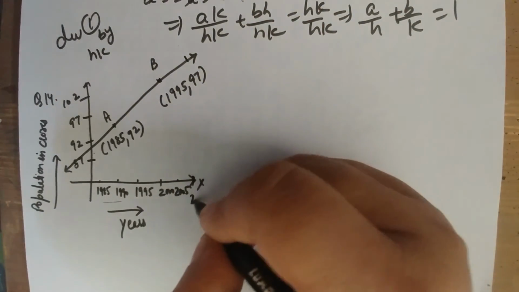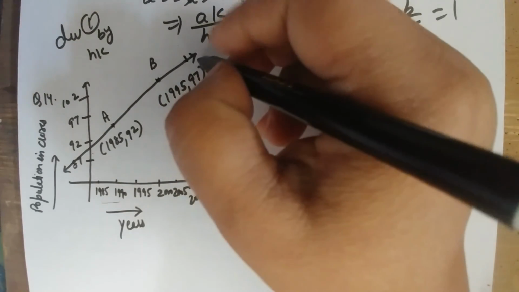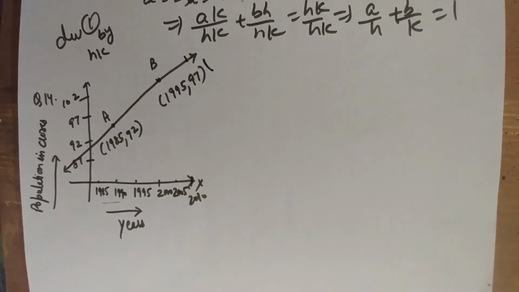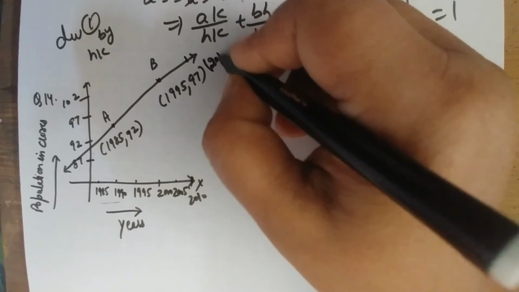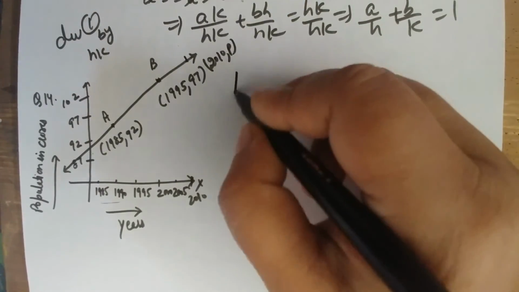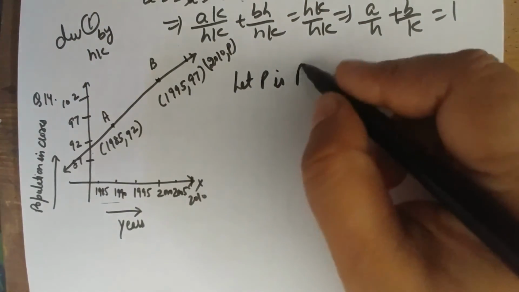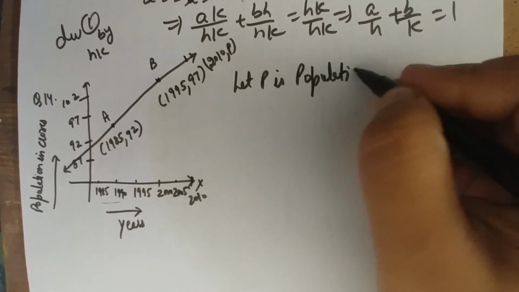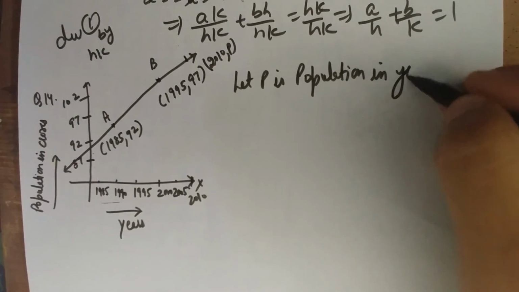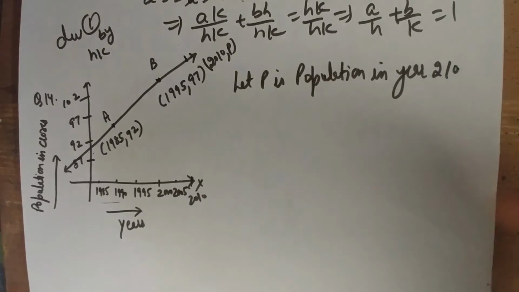So I mention year 2010 here, and suppose in the year 2010 my population is P. So let P be the population in the year 2010.